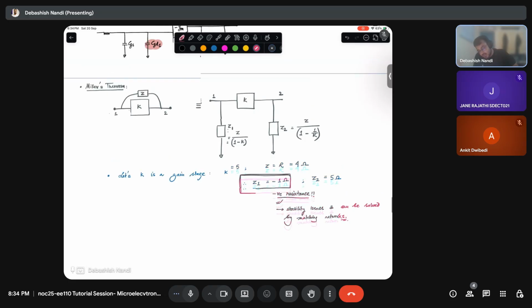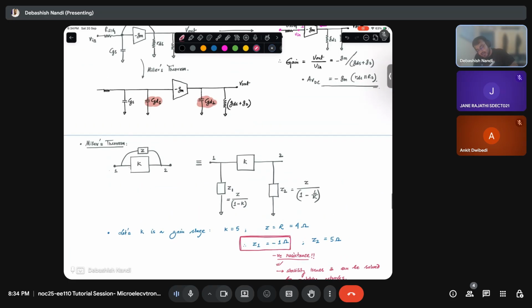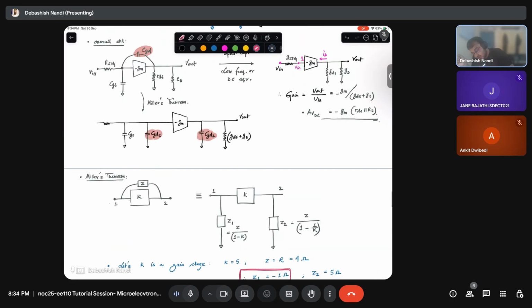Okay, if that is done, then can I directly write my CGD1? So what is this? CGD has an associated impedance of 1 by SCGD, right? So your Z is 1 by SCGD. So what will be your Z1?